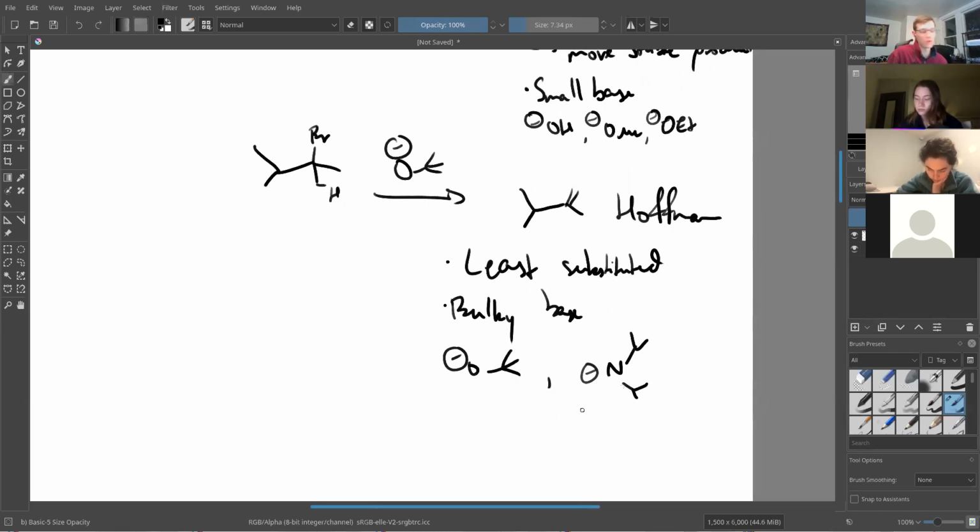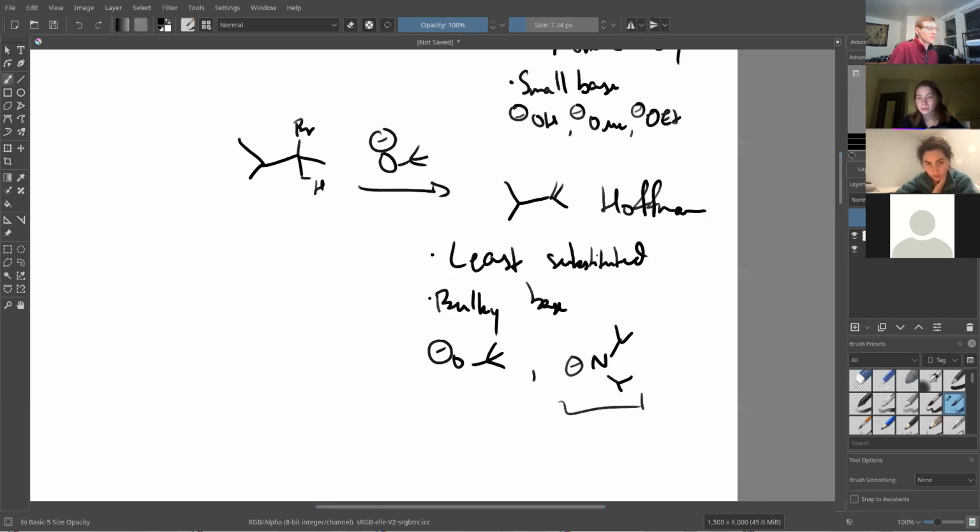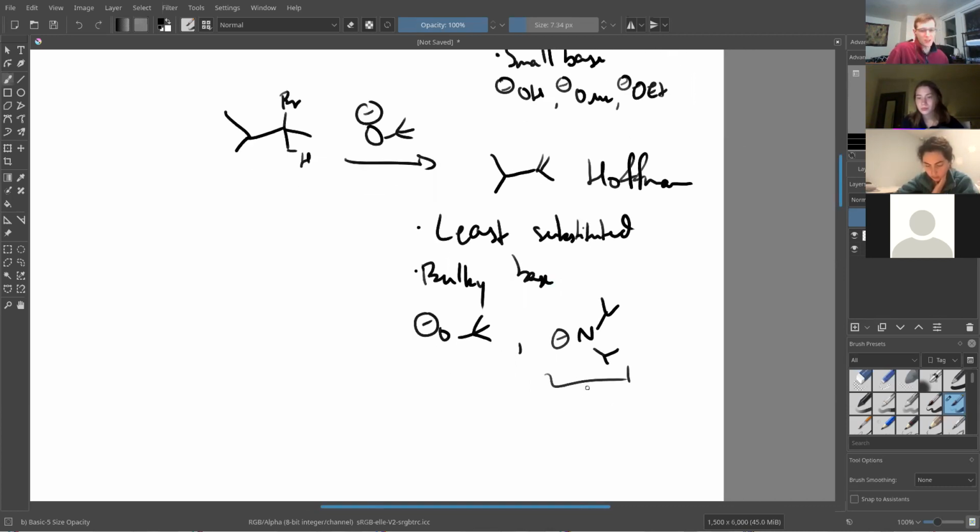Okay. Anybody know the name of this by chance? Diisopropylamine. Yeah, exactly. So this is a diisopropyl amide. So typically there's a lithium here.